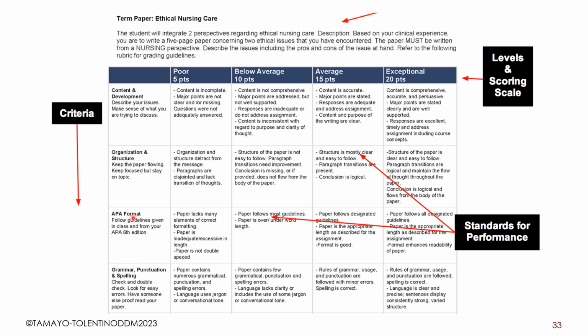So these are the criteria, and this represents the constructs that compose an outcome. Okay? So for each of these criteria, there are standards for performance, and then there is a scoring scale. Okay, so this is an analytic grading rubric.